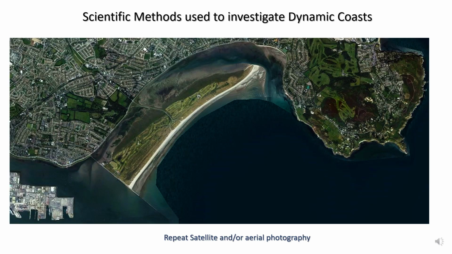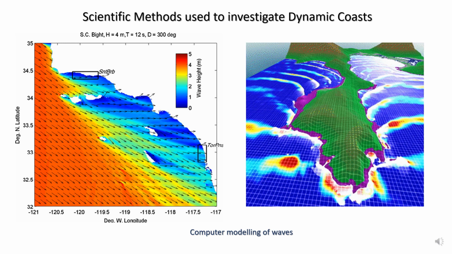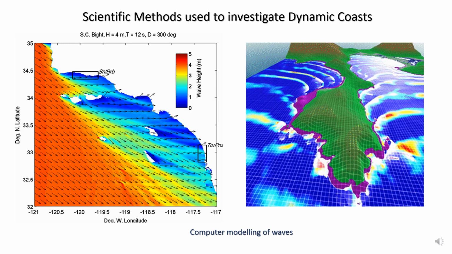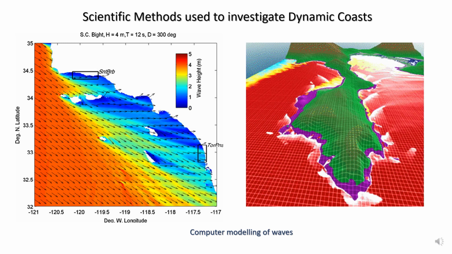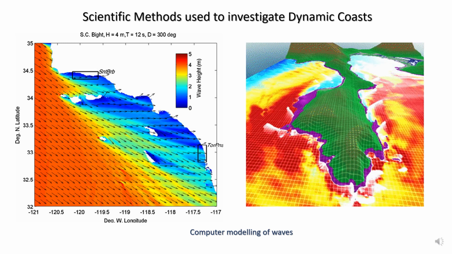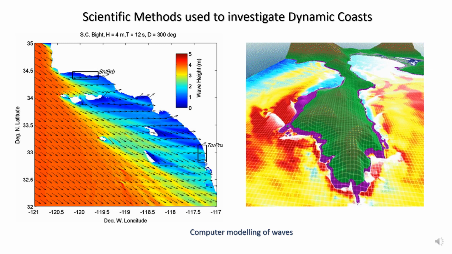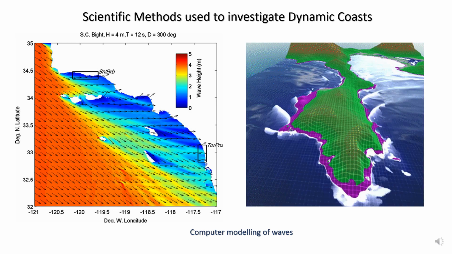Another common way of looking at it on a much bigger scale is repeat satellite imagery or aerial photography, and this is a great way of capturing a large expansive coastline. If we have repeat images, we can look at the changes in these dynamics on these coasts. Scientifically, we also use computer modeling, and on the left hand side we have a static shot, on the right hand side we have a mobile three-dimensional constantly changing wave model.